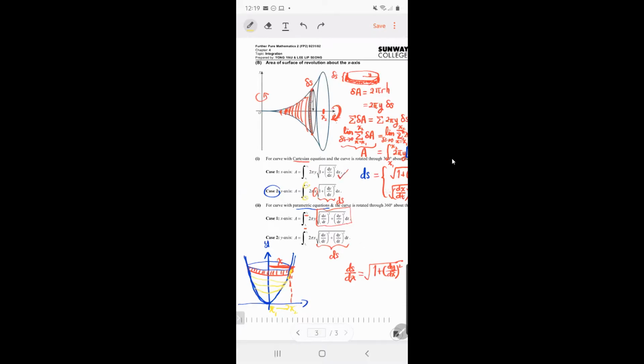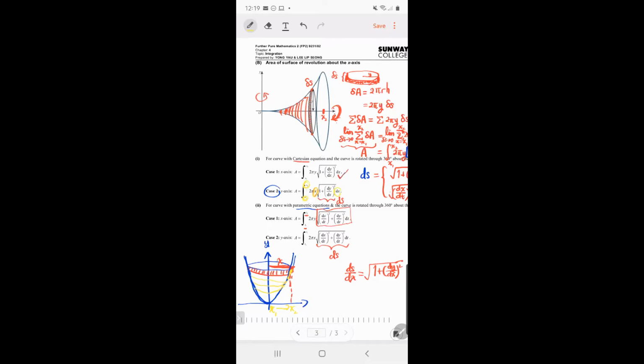Now take note, if I give you the rotation of the curve about the y-axis, you only change the formula to 2 pi x, that's it. All right, you still use the x1 limit, you still use the x2 limit, you still use the 1 plus dy dx squared dx, no change to that. You only change it to dx because you want to integrate with respect to dx, therefore you have to use the x limits here.